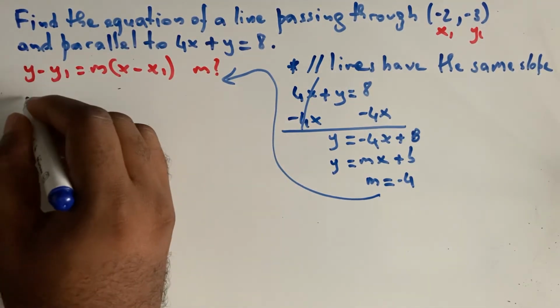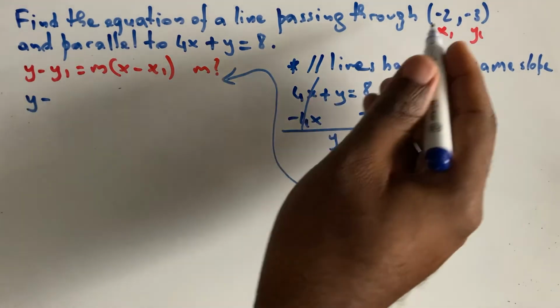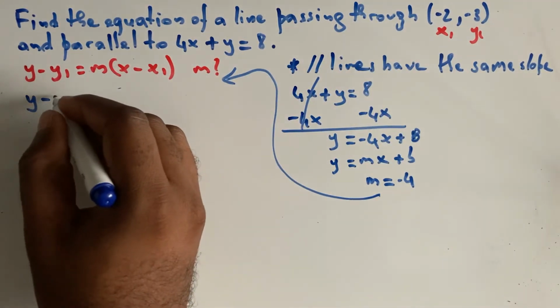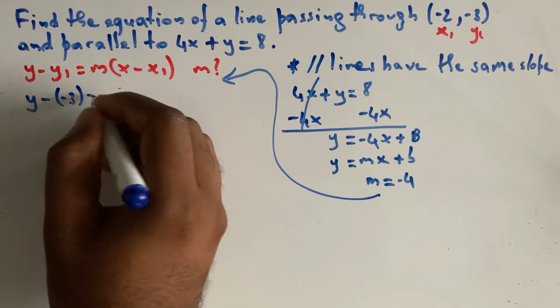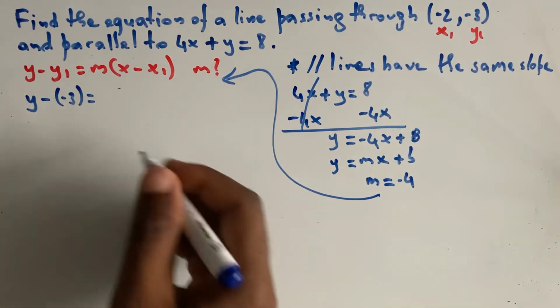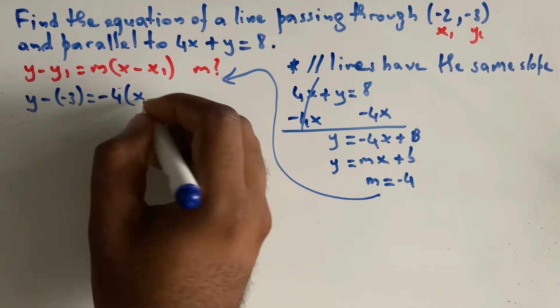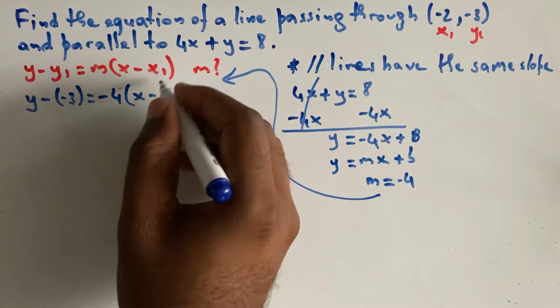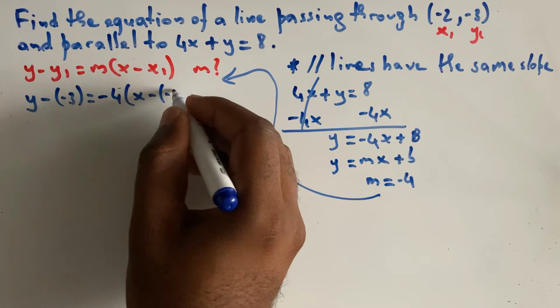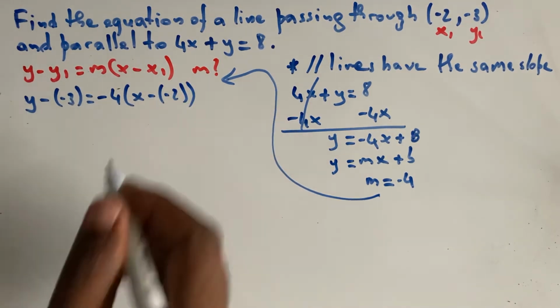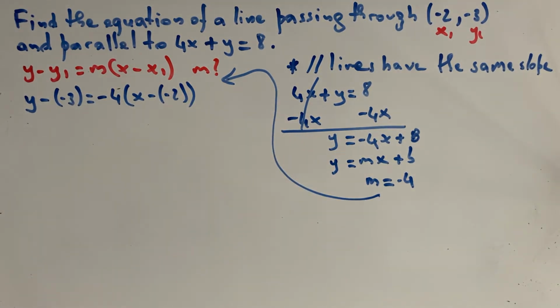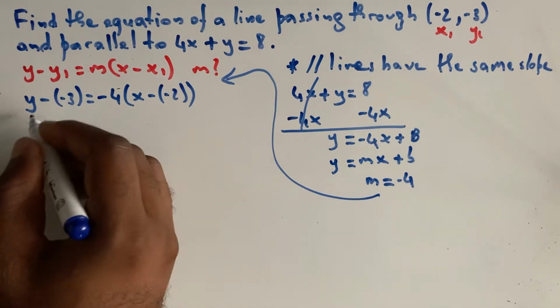So it's y minus y1, which is negative 3, equals m, which is negative 4, times x minus x1, which is negative 2. Then I can solve it, so I just do the math here.